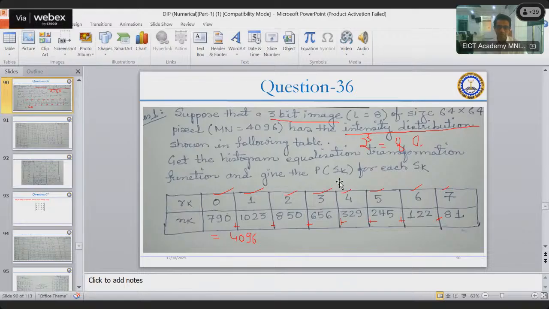So coming to this problem, question number 36, can you do it? Is it a good problem for histogram equalization or for histogram stretching? First question to you. I repeat my question: can we apply histogram stretching here also?